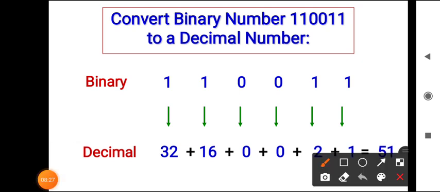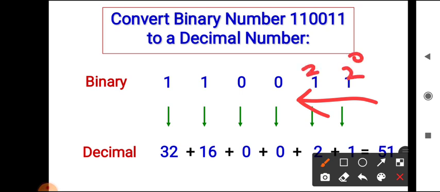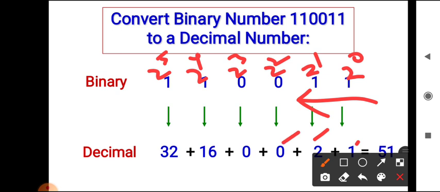Again, once more I am showing here, first we have to start from this side to this side. We have to multiply these digits by 2 power 0, 2 power 1, 2 power 2, 2 power 3, 2 power 4, 2 power 5, and add these values. So 2 power 0 means 1, 2 power 1 means 2, 2 power 2 into 0 means 0, 2 power 3 into 0 means 0, 2 power 4 into 1 means 16, 2 power 5 into 1 means 32.